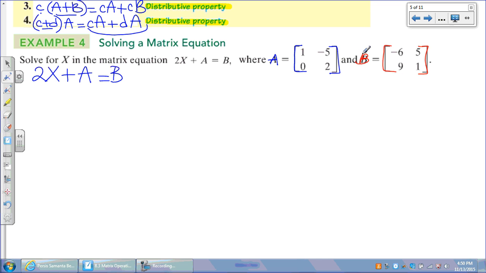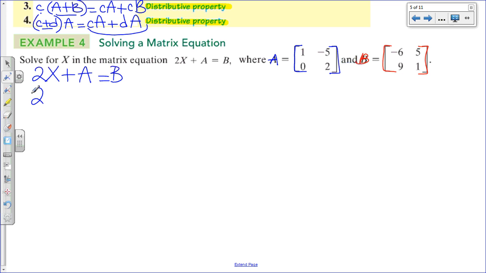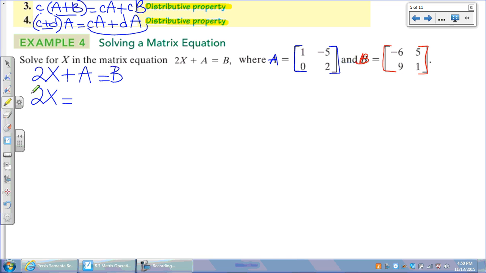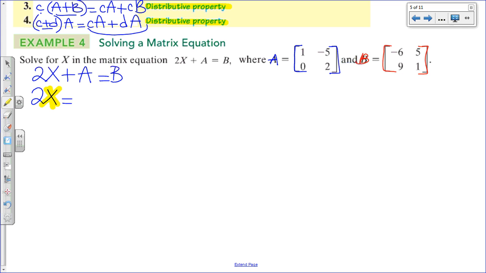So before I do anything with my matrices, I'm going to solve the equation just like if I was to solve a linear equation. So I have 2x is equal, and of course I'm trying to solve for x. What I'm going to do is I have b on the right side, and I have positive a.